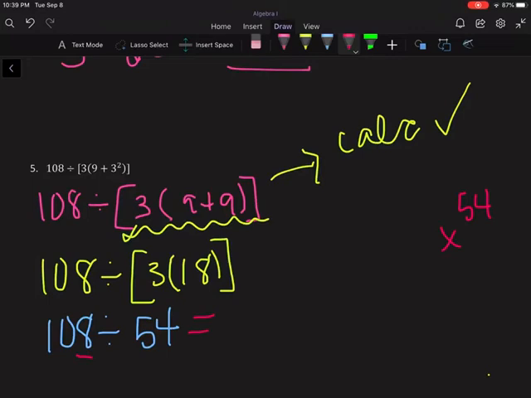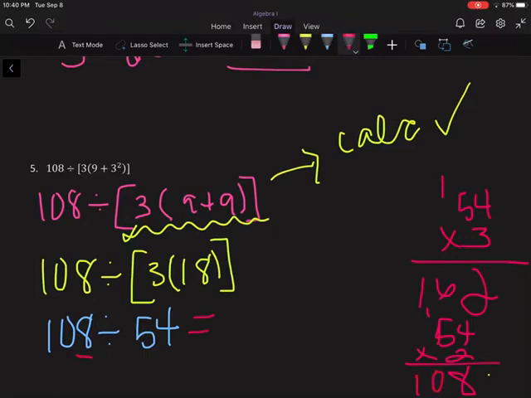So 3 times 18 is 54. So this would be 2.